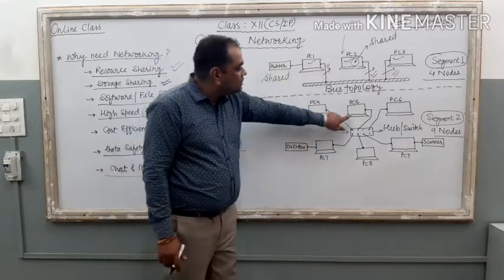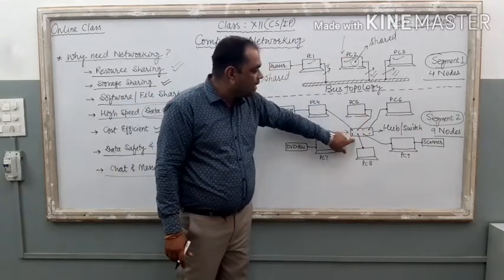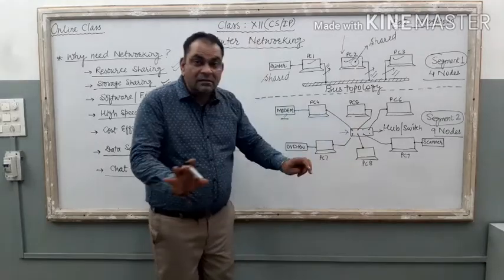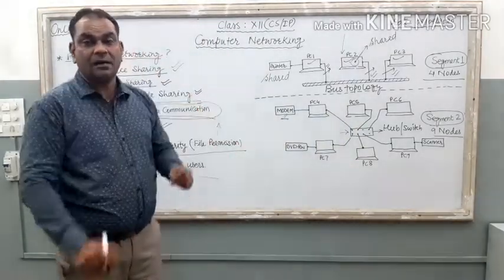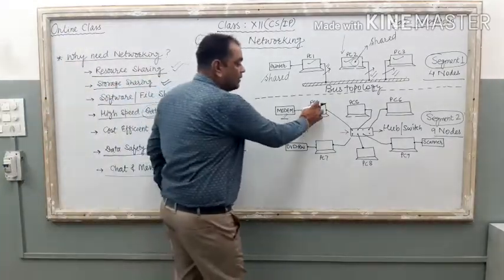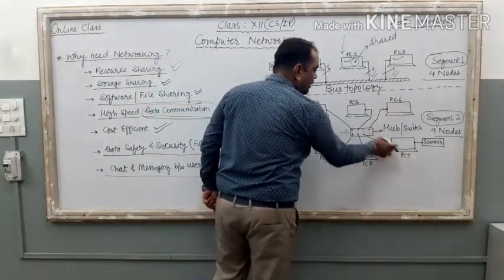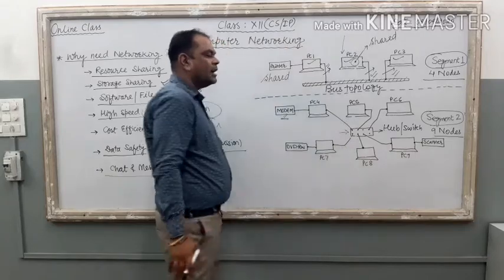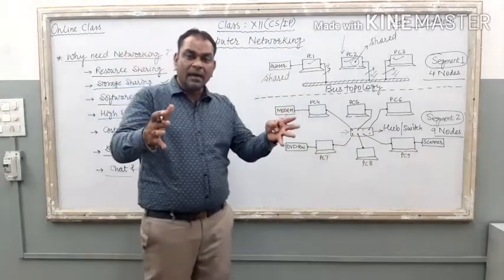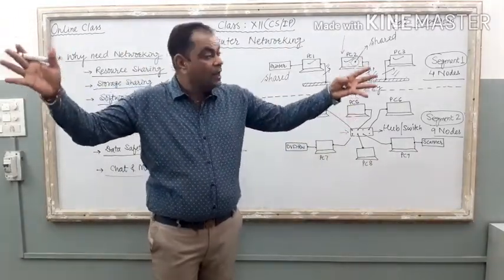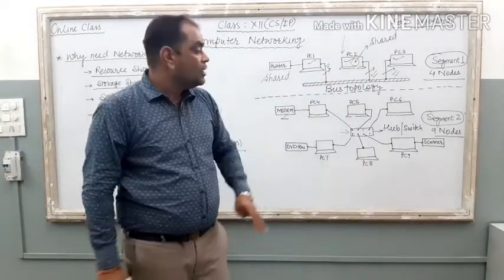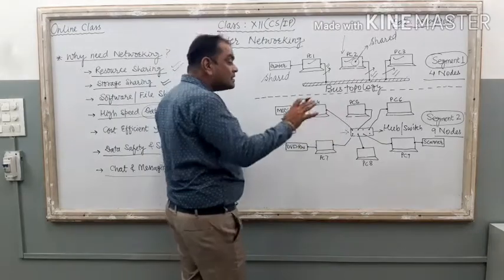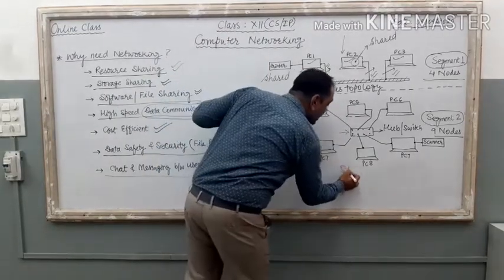I attached these 6 computers with this central device, the hub, and somehow it looks like a star, right? One wire, second wire, third wire, 4, 5, 6 different wires, and all these wires come out from the computers and attach to a particular device known as a hub or switch. So this topology, this style, is known as star topology.